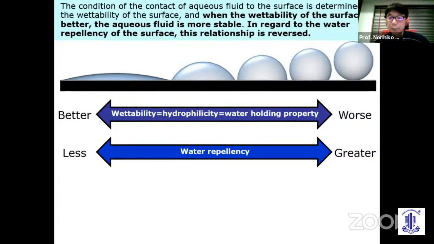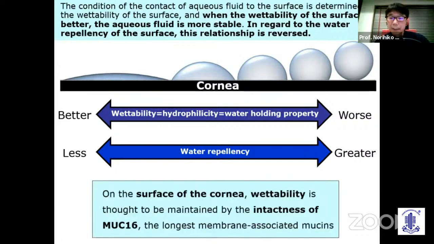In regard to water repellency of the surface, this relationship is reversed. On the surface of the cornea, wettability is thought to be maintained by the intactness of MUC16, the longest of the membrane-associated mucins.